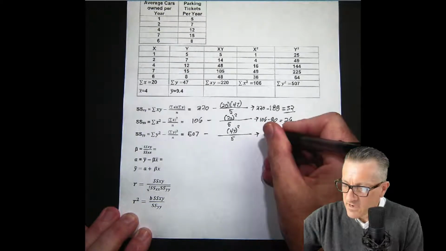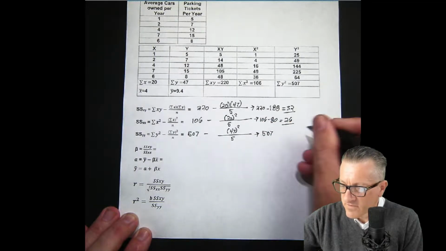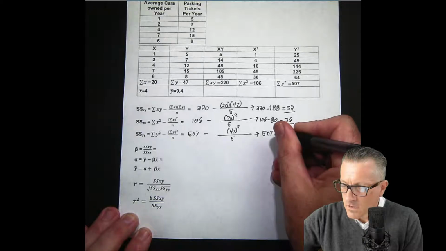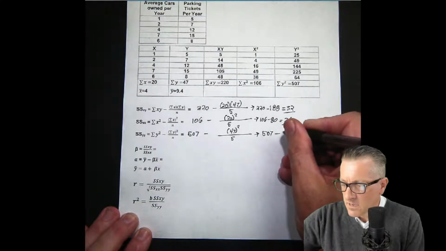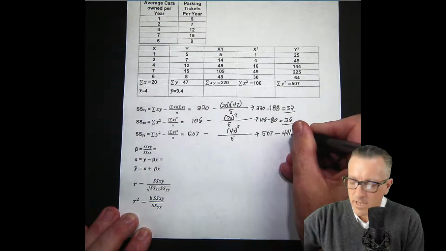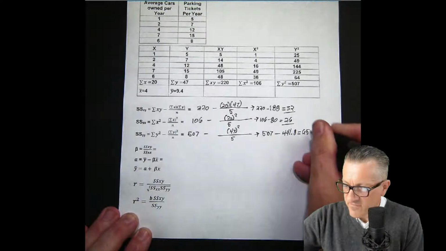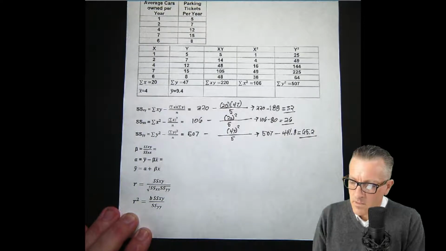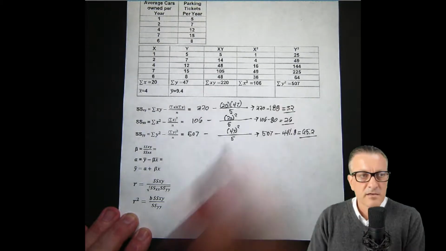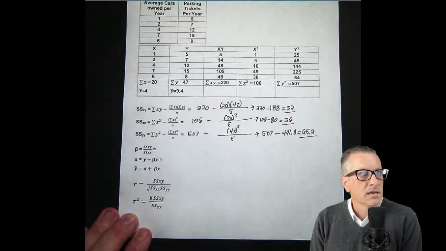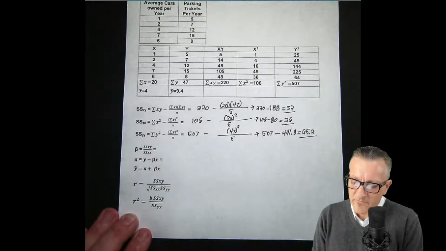Simplifying, 507 subtract 441.8, which equals 65.2. Once we have this calculated, we start plugging in, and it's really easy from here on out, in my opinion.